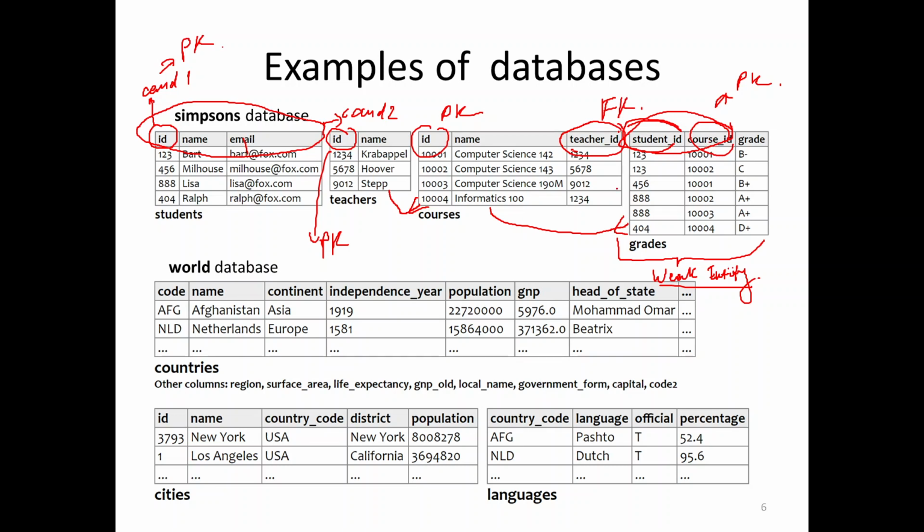Therefore, they have a one-to-many relationship, and the same goes for students because the students table also exported its primary key as a foreign key to this table. So now you can see that all of our tables are somehow connected. Teachers is connected to courses, courses is connected to grades, and students is also connected to grades.